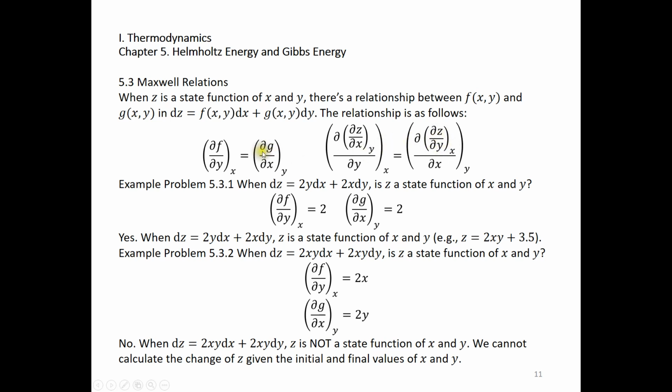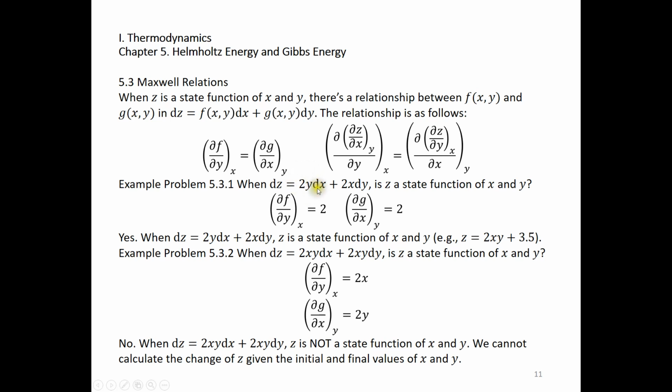Alright, so again, if z is a state function of x and y, if we can determine the value of z given the values of x and y, then we need to have this relationship between f and g. Here's one example. dz is 2y dx plus 2x dy. Is z a state function? So what we're going to do is take the first derivative of the function in front of dx.